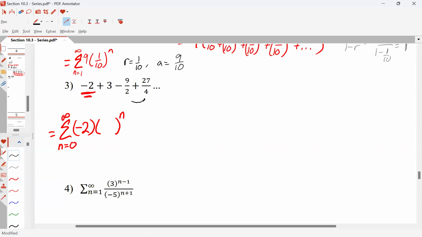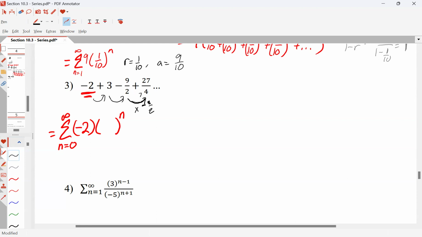And it's easiest to see here, but we can check it with the others. So when I move from -9/2 to a positive 27/4, I am multiplying by 3/2, and it's a -3/2. So multiplied by -3/2.